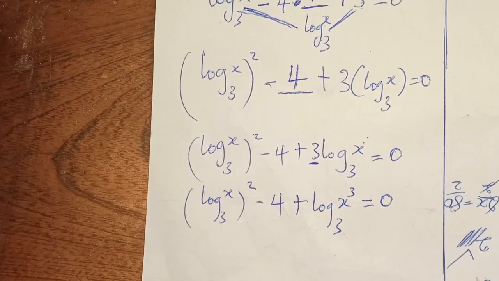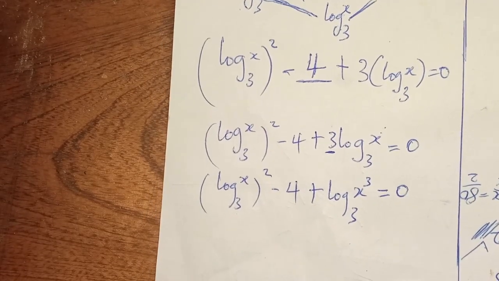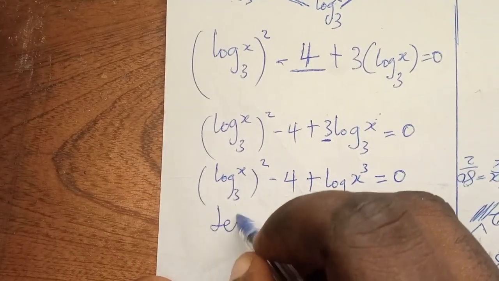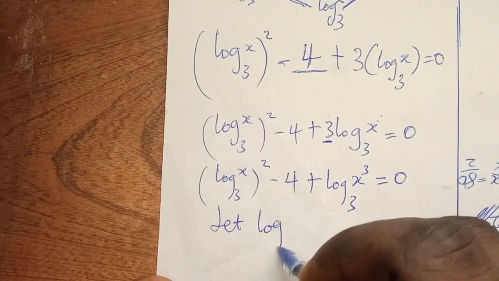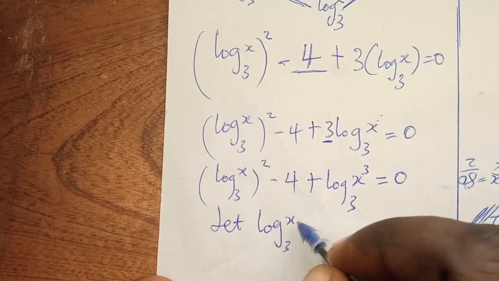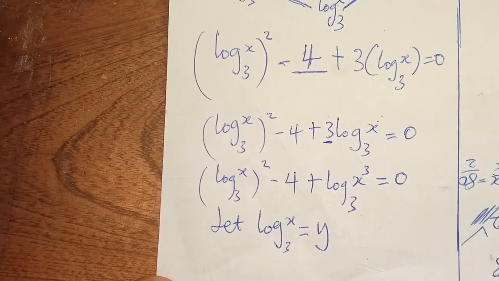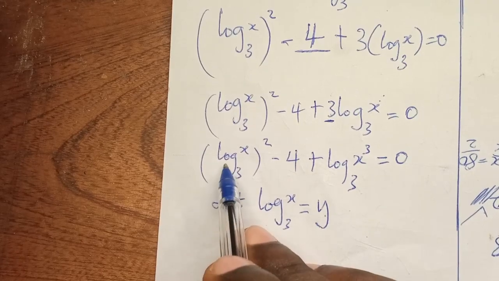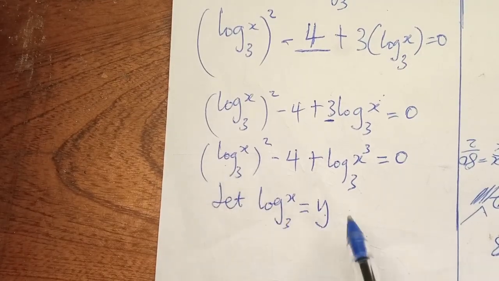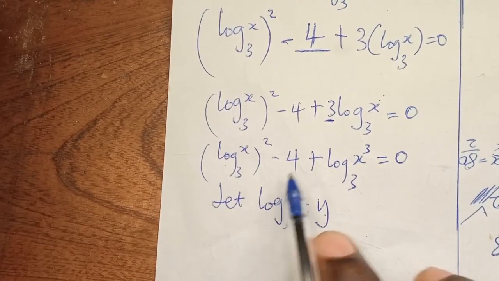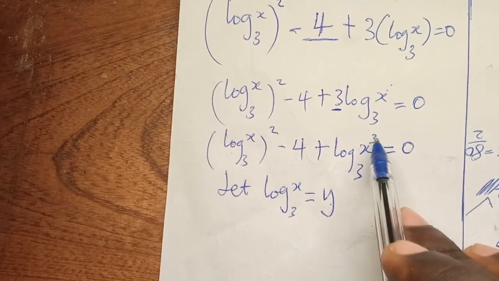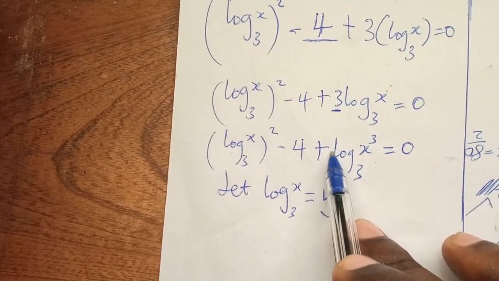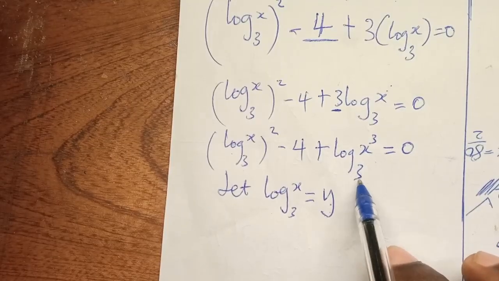Now, we are going to say let log of 3x be equal to y, so that wherever we see log 3x, we put y to make this expression very simple. And we can still carry this one here and bring it back here, so that it's very simple, of x and 3.